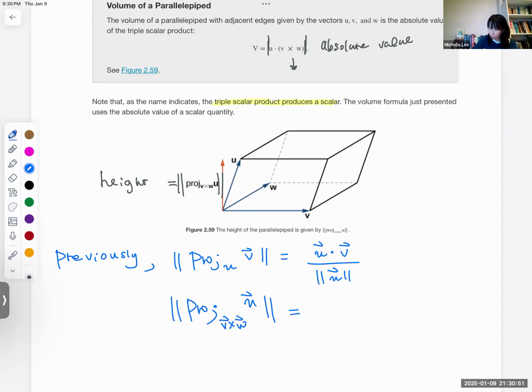Just following this one with different notation, yeah? Make sense? Over the denominator, it will be the same as this one in this case.